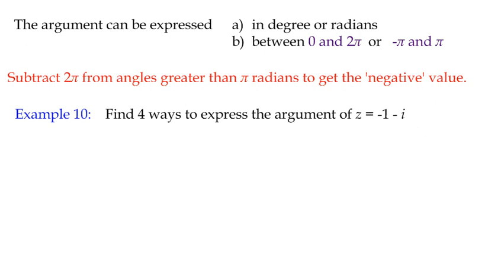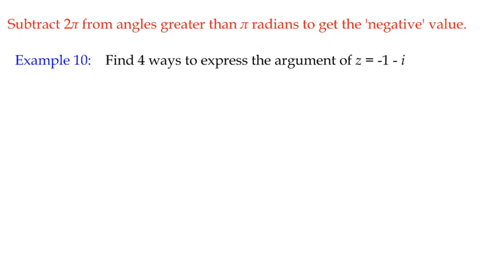Now, there's an interesting thing about the argument: it can be expressed in a number of ways. Up until now, if you've looked at examples 8 and 9, we've considered the traditional way of finding an angle using the four quadrants of our quadrant diagram.